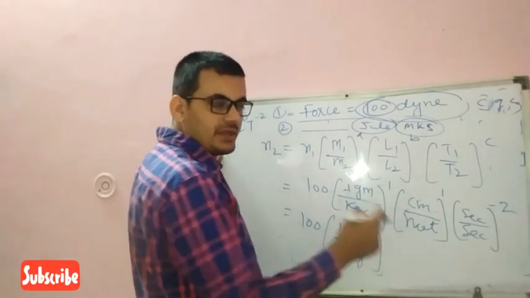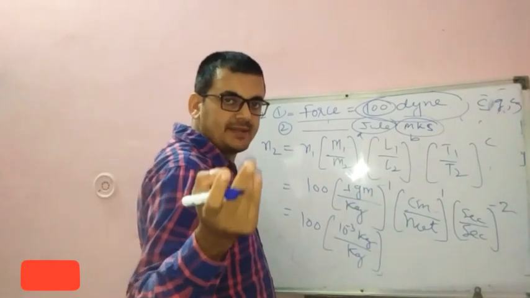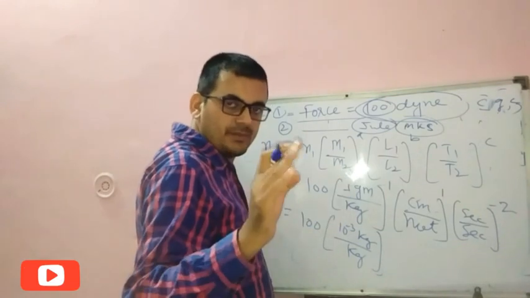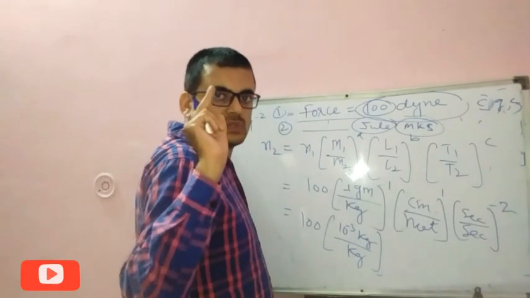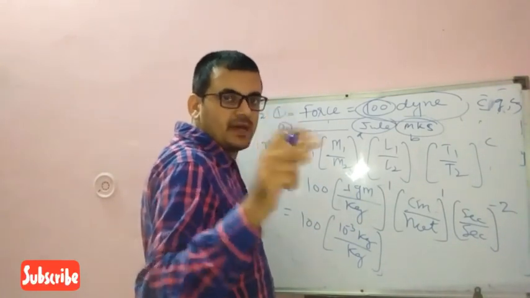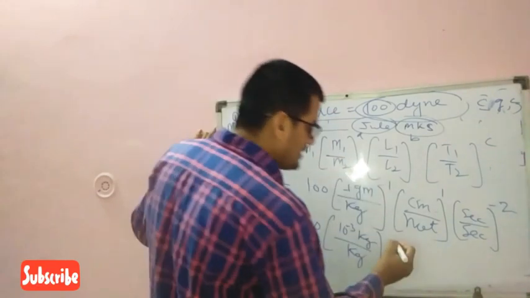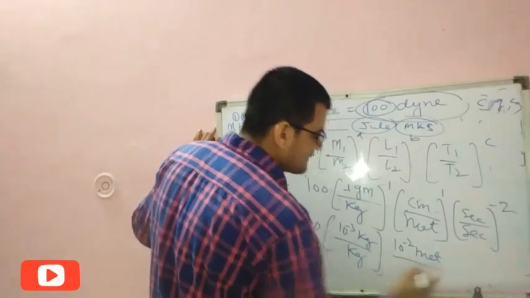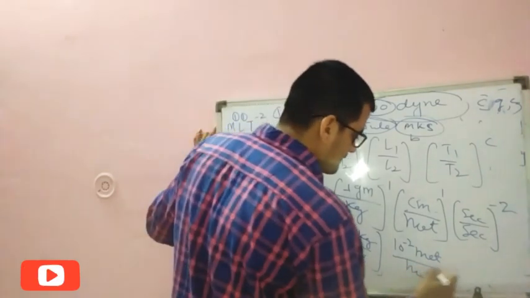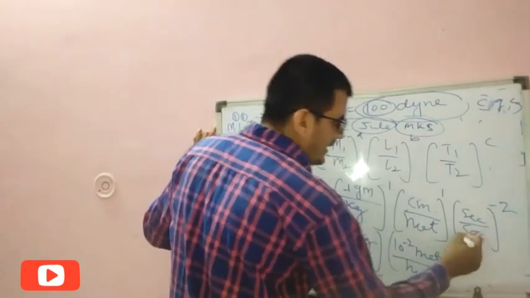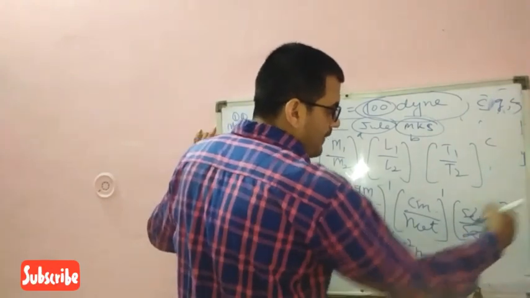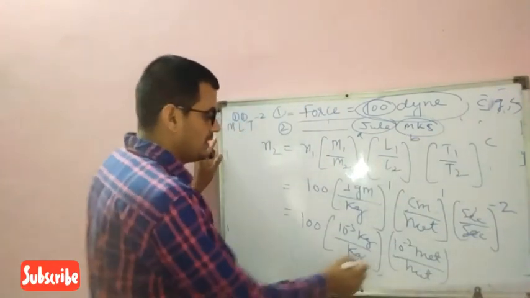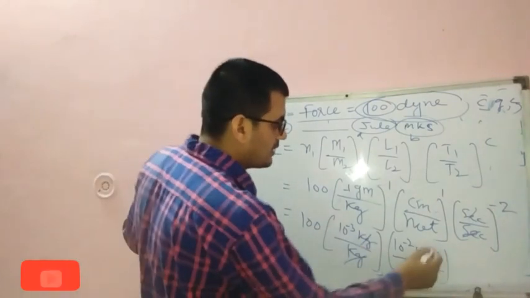In 1 meter there are 100 centimeter, so in 1 centimeter there is 1 upon 100 meter, meaning 10 to the power minus 2 meter. Second is the same in both cases, so 1 upon 1 to the power minus 2 will be 1. So now we can cancel it.